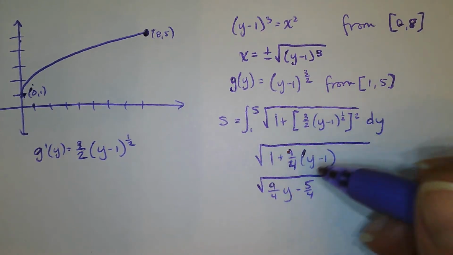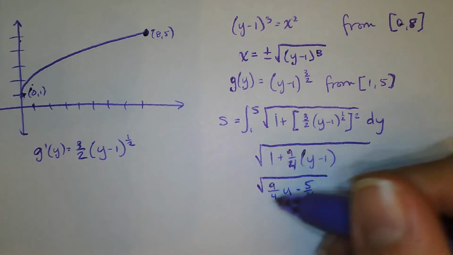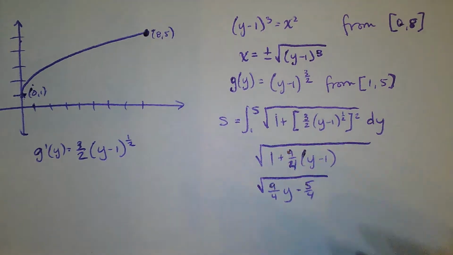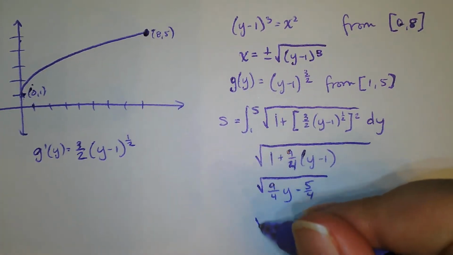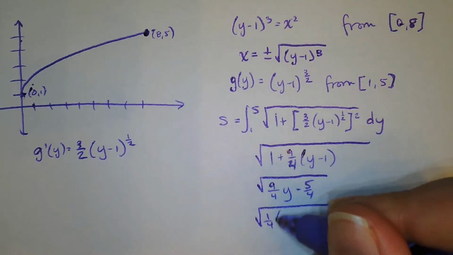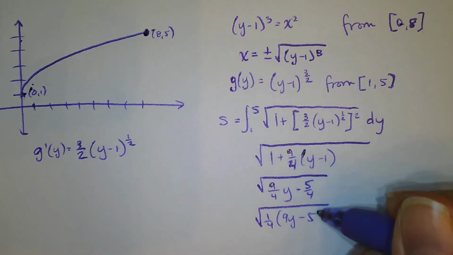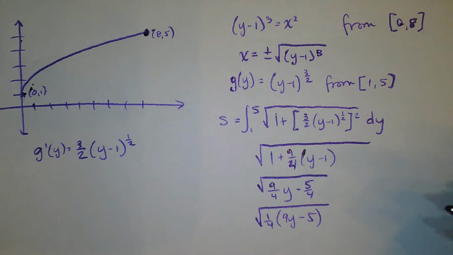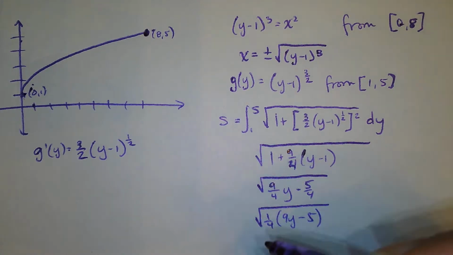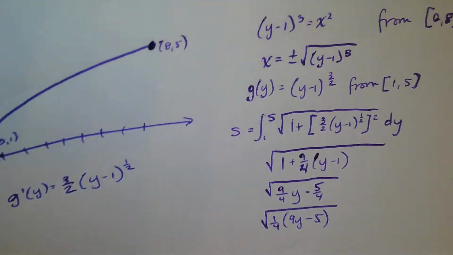All right. I'm going to factor out a 1/4. I have a reason, of course. I'm going to write this as 1/4 (9y minus 5). The reason I want to do that is because the 1/4 can come out of the square root as a 1/2, and I would just prefer that. So once all is said and done, we simplified what was in there.